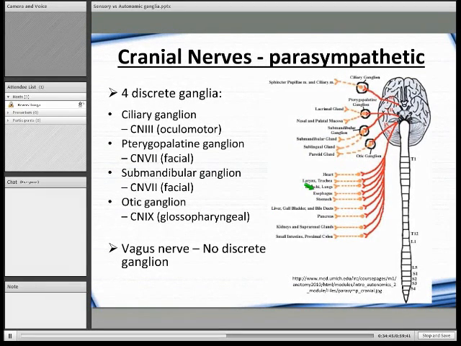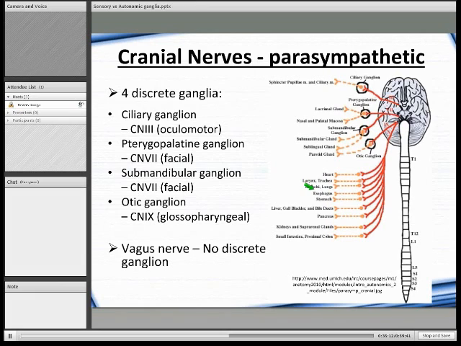So these are the 4 discrete ganglia in the head and neck. These are associated with the parasympathetic divisions of some of the cranial nerves. So the oculomotor nerve, which is cranial nerve 3, synapses at the ciliary ganglion. The parasympathetic division of the facial nerve branches into 2, and one of them synapses at the pterygopalatine ganglion, and the other at the submandibular ganglion.